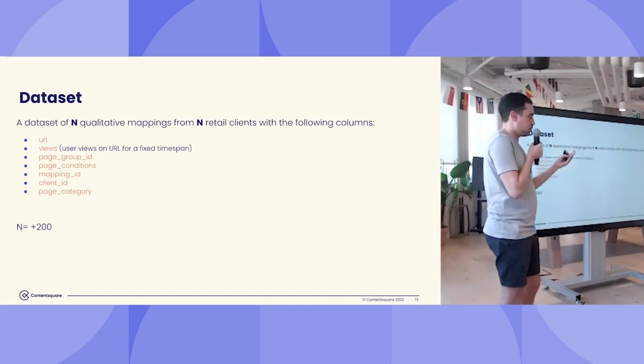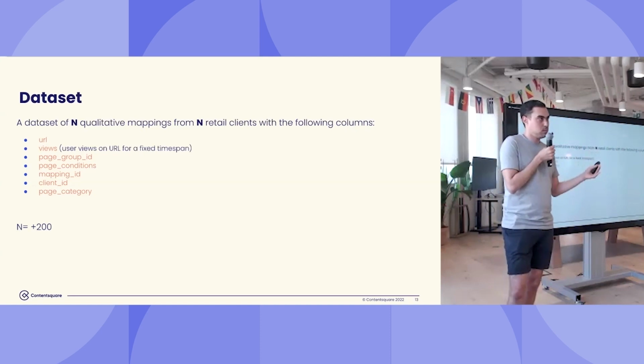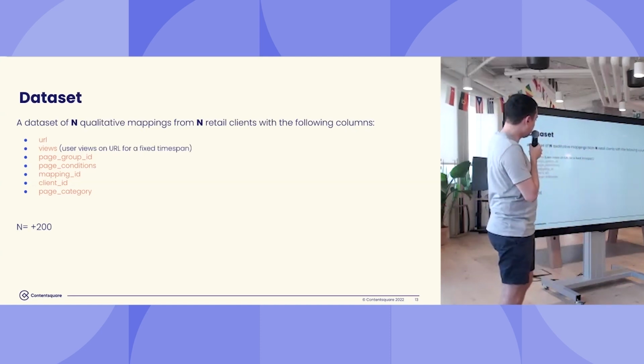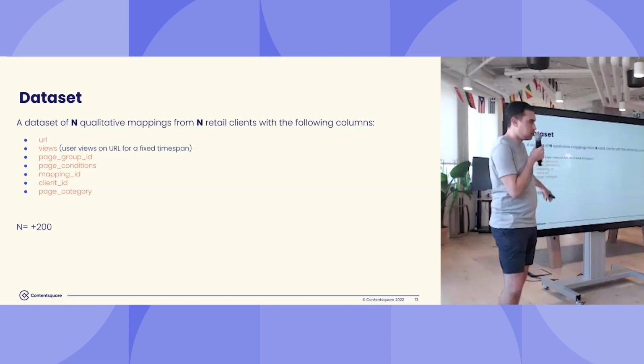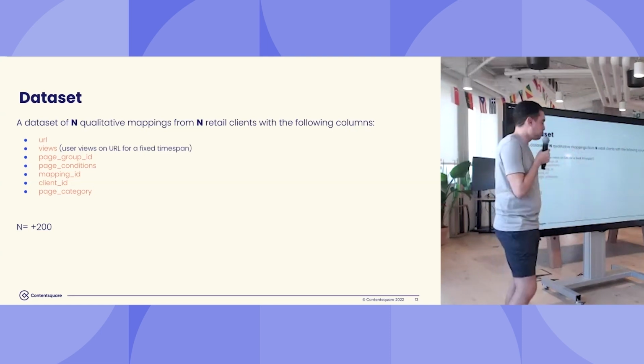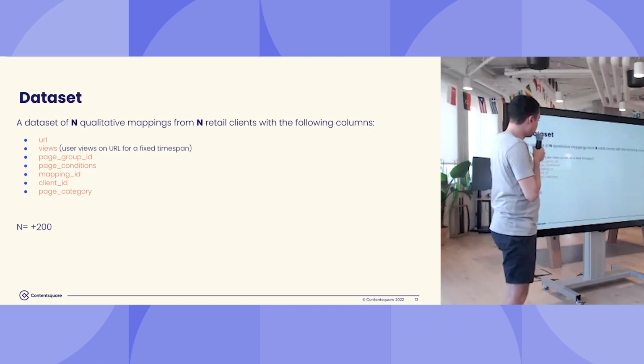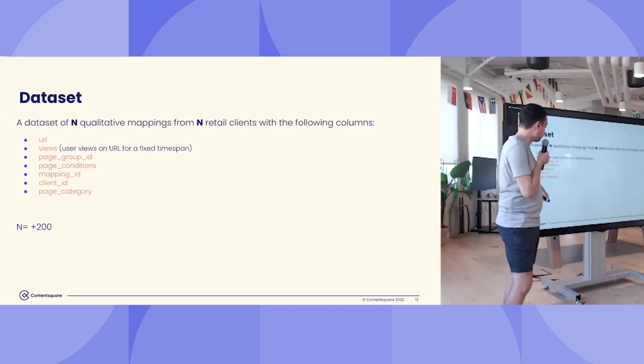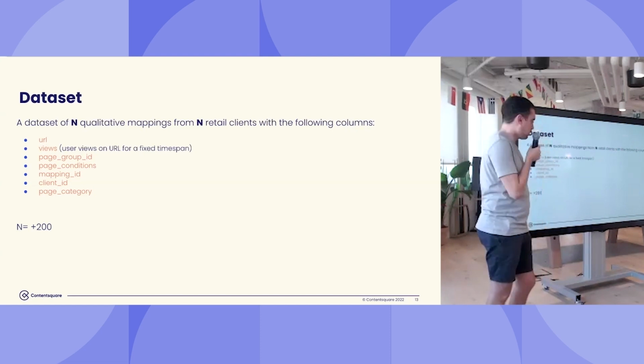Each URL is host plus path plus query plus CVARs. For each URL, we have the page group ID so that we know which URL belongs to which page group. We also have, for the page group ID, the page category and the conditions to create the page group.